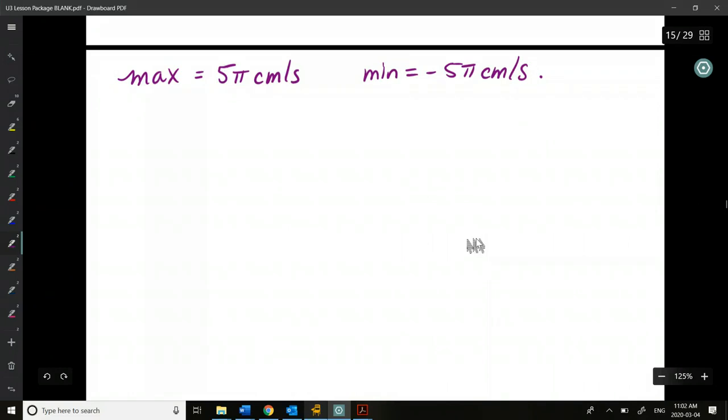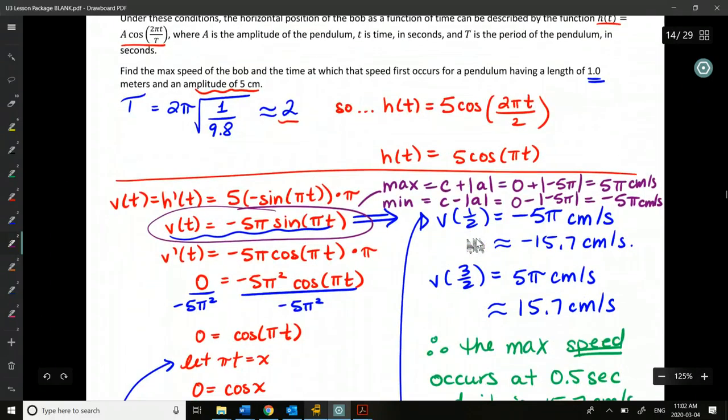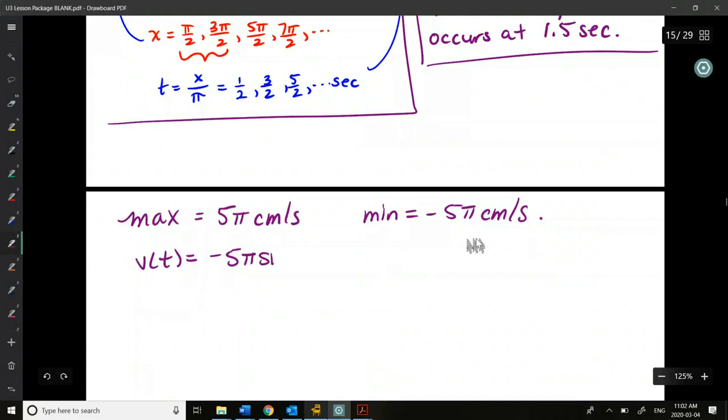Okay, so if you figured out your max was 5 pi centimeters per second, and your min was negative 5 pi centimeters per second, and you didn't do all that calculus stuff, let's say you were at the point where you have the velocity function, negative 5 pi sine pi t.